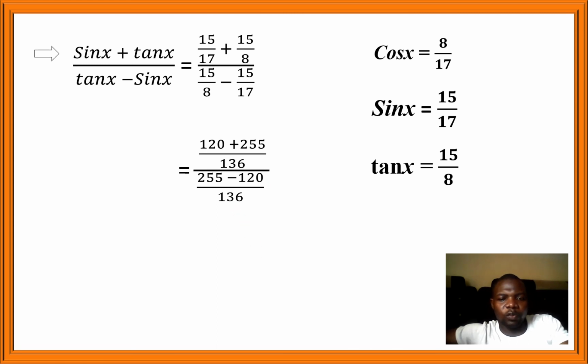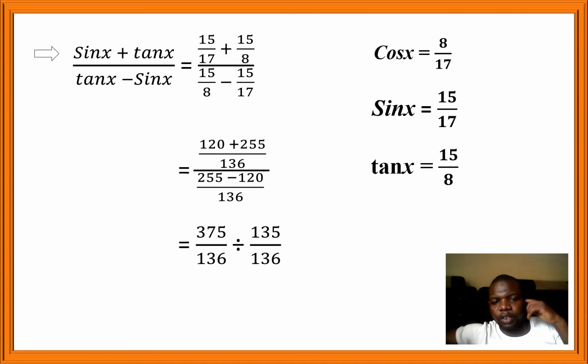When we simplify, we'll now have 375 over 136 divided by 135 over 136. That is, when we add this, we have 375 over 136. Then the over here is changed to this. Then we'll have 255 minus 120, which gives us 135 all over 136.